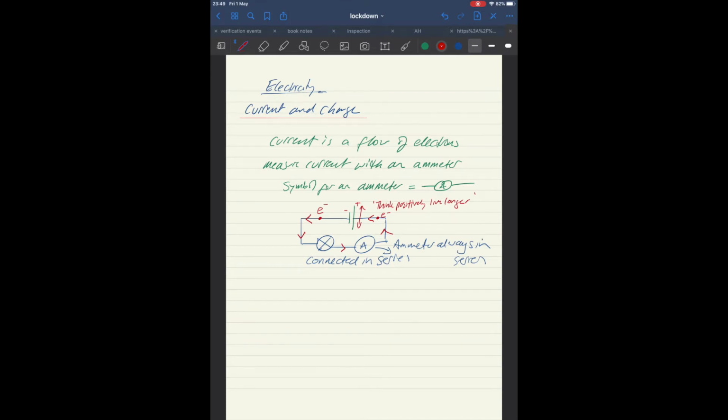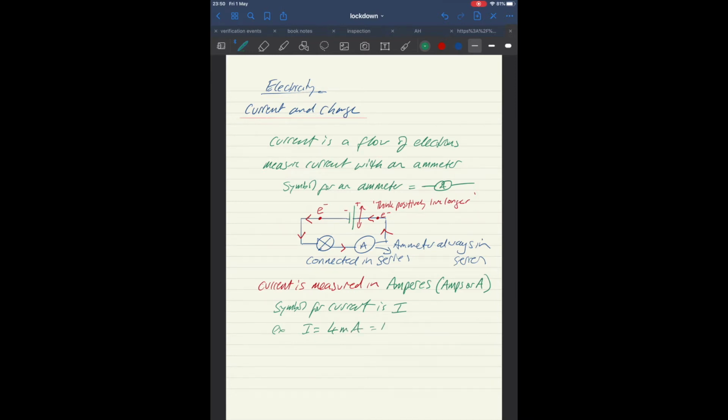Now current is measured in amperes. But to be honest, we just shorten that to amps or just A. One more thing I forgot to say, the symbol for current is I. So for example, I equals 4 m, what did that wee m mean again?